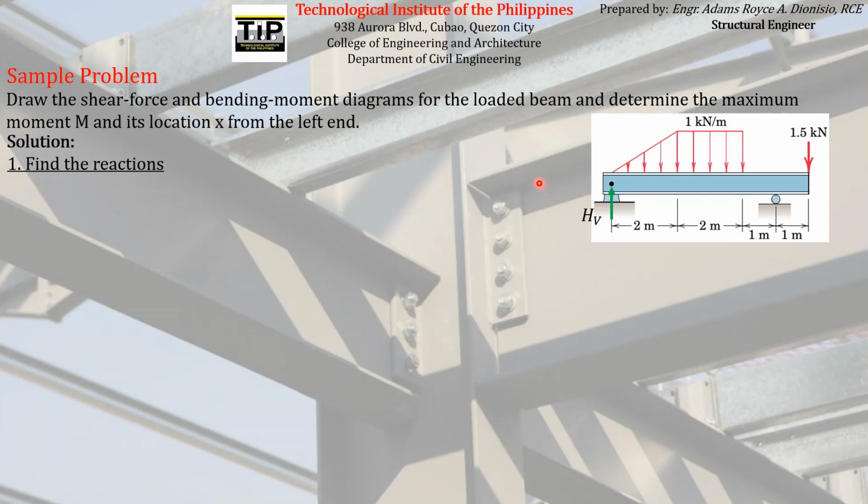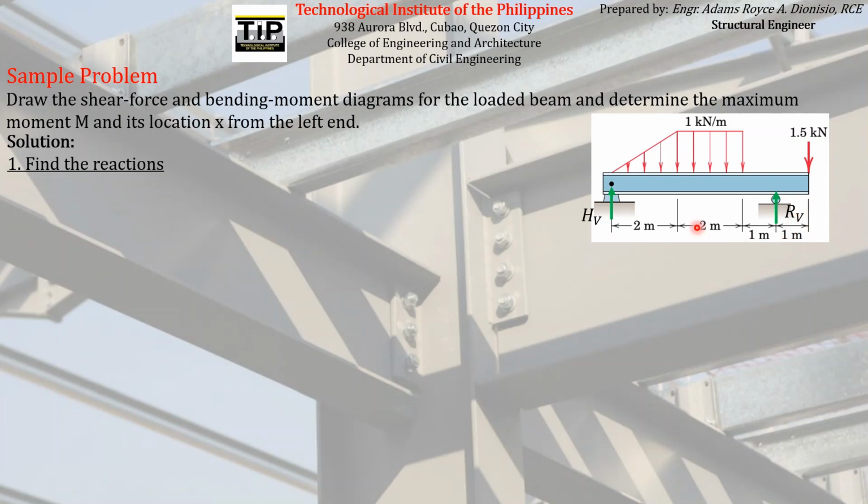I will not draw anymore the horizontal component of the hinge reaction because we know that that horizontal force is equal to 0 because there is no horizontal force acting on the beam. I will just call the reaction on the roller RV, the roller reaction along the vertical direction.